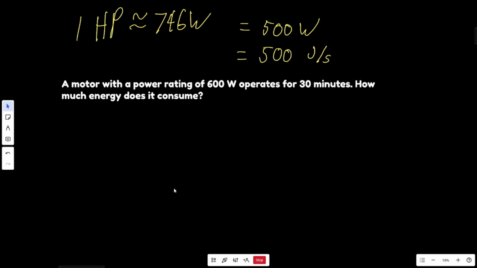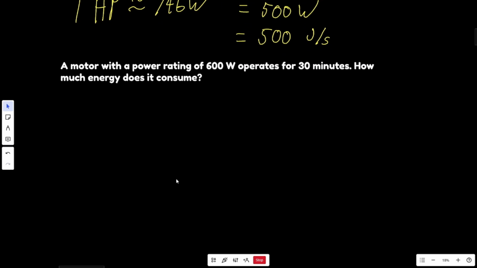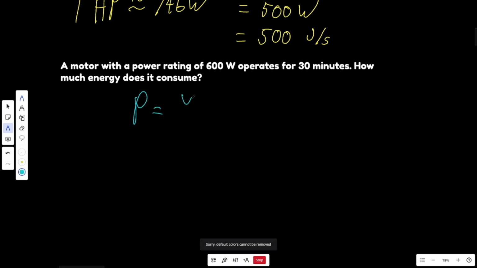Alright, and now let's do the final question. This one requires a bit of algebra. So we have power is equal to work over time. Now we're given power, which is 600, and we don't have work, so we're just going to put work.